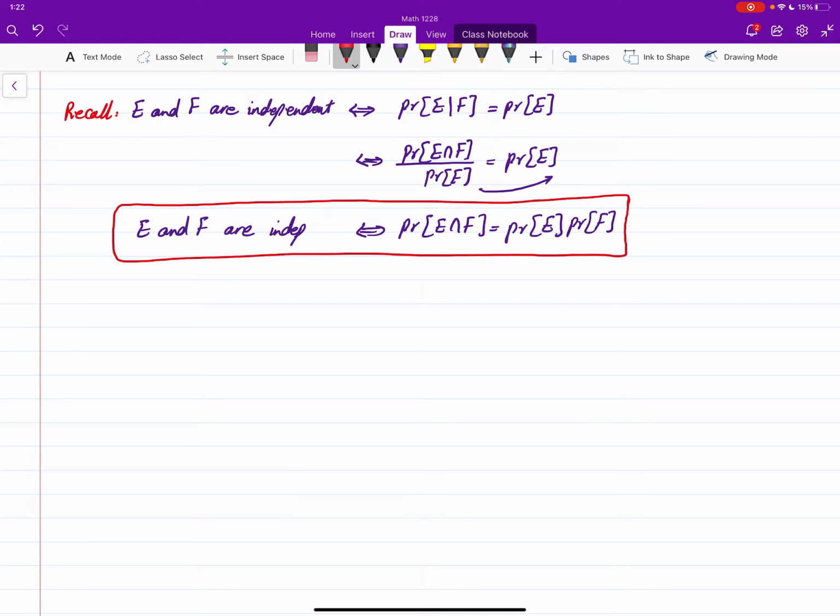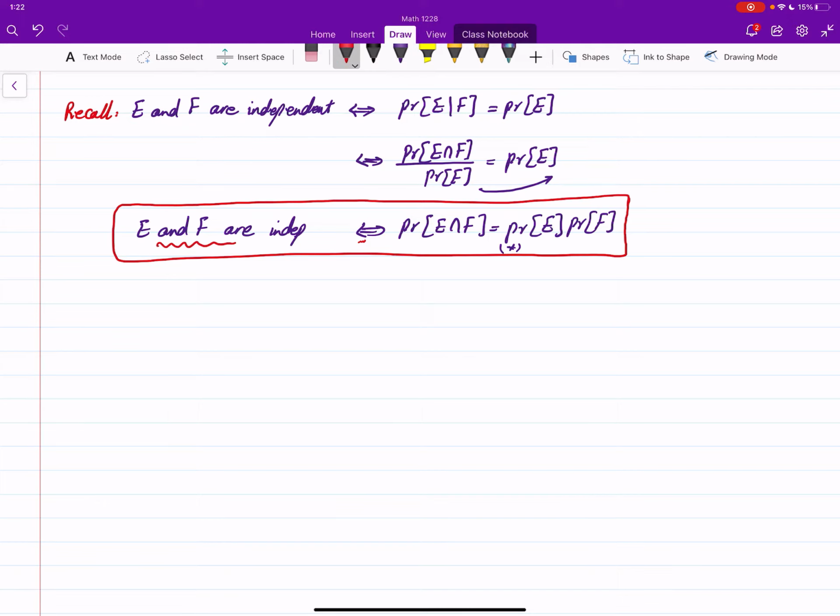Only if E and F are independent. And since I'm putting this one here, it means that it is equivalent. It means that if you have two events for which the right-hand side is satisfied, then E and F are independent.